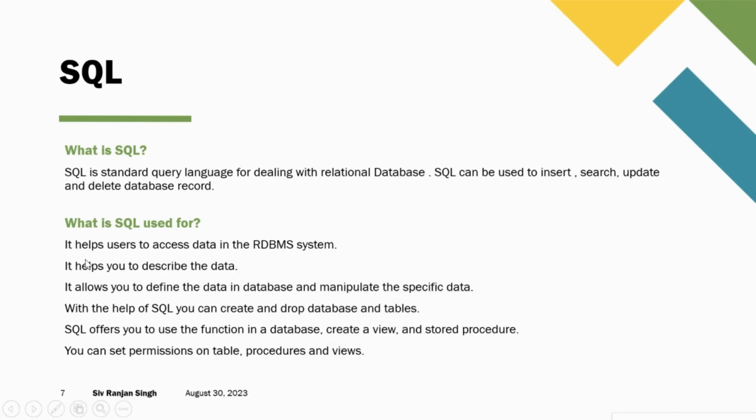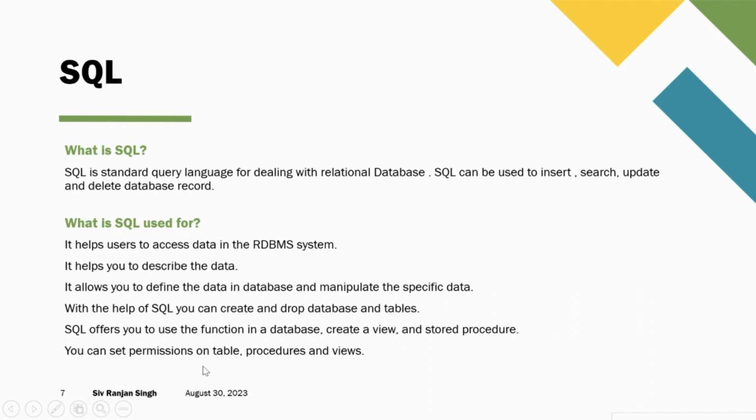And what is SQL used for? It helps users to access data in the RDBMS system. It helps you to describe data. It allows you to define the data in a database and manipulate the specific data. With the help of SQL, you can create and drop databases and tables. SQL offers you to use functions in a database, create views and stored procedures.